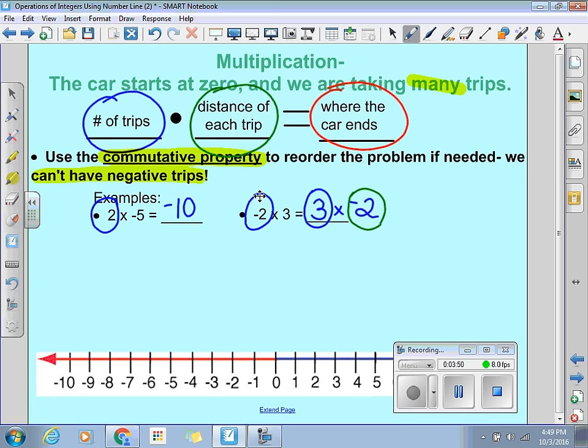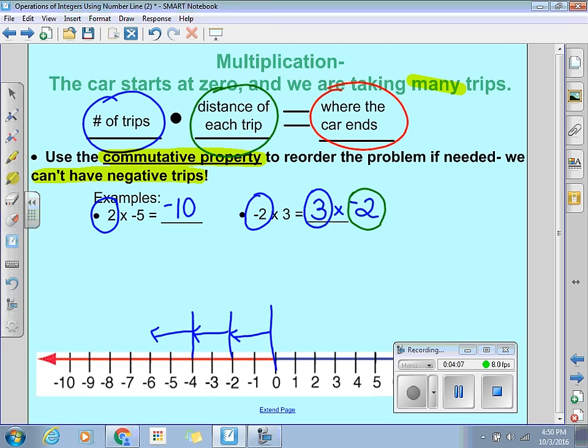So let's start at 0, and we're going to take 3 different trips, negative 2 apiece. So the first one goes to negative 2, second one goes negative 2 more, and the last one goes negative 2 more.